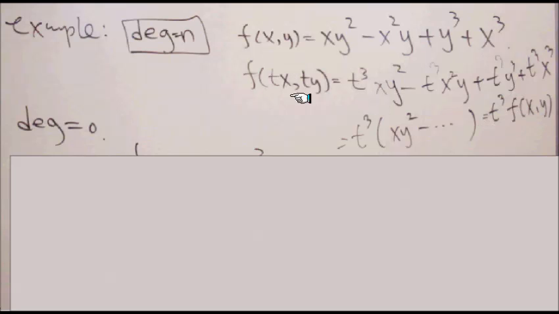So we prove that this polynomial has that property of degree 3, because the third power of t pops out. This is the main type of example. An example that is not a polynomial of some degree is very difficult to imagine, but they do exist. But in this course, the main example is given by this type of polynomial.